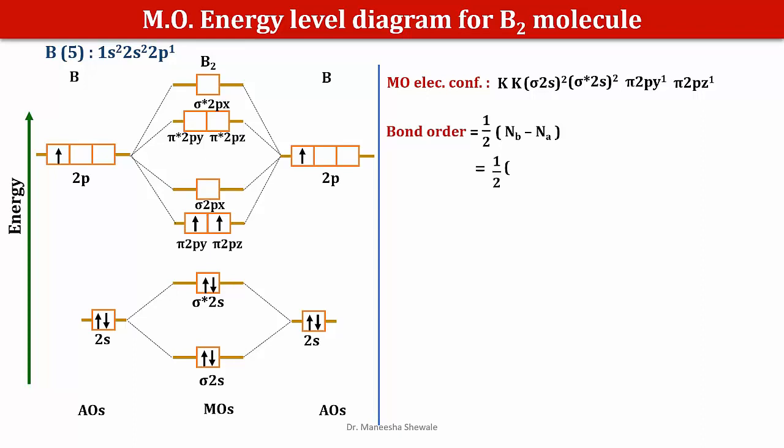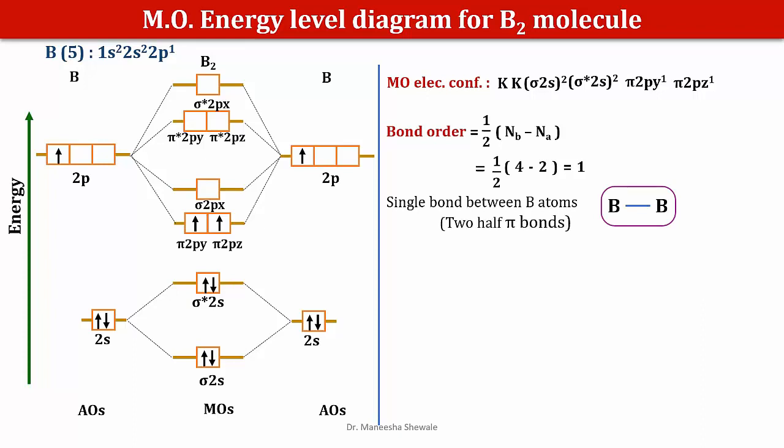So this is half into the number of electrons in the bonding molecular orbitals is 4 minus Na is 2. So this is half of 4 minus 2, which is 1. So this indicates that there is one bond between the two boron atoms.